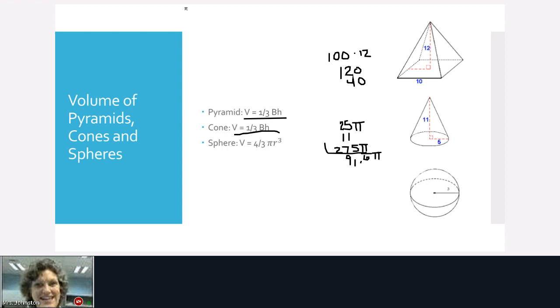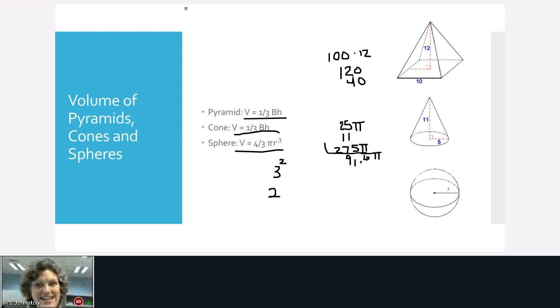The sphere has a volume of 4/3 pi r cubed. Notice that we popped up to cubed because this is a three-dimensional figure. The other ones, we were using the radius for only finding the base. That was a two-dimensional figure. So if 3 is the radius, 3 cubed is 3 times 3 is 9 times 3 again is 27.